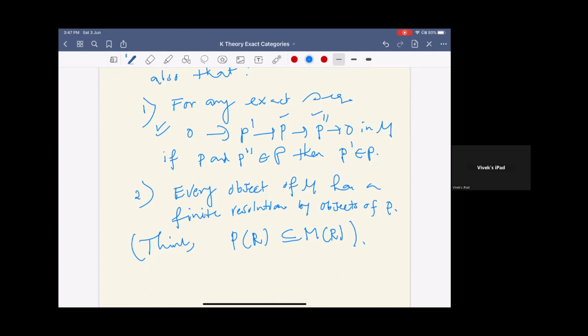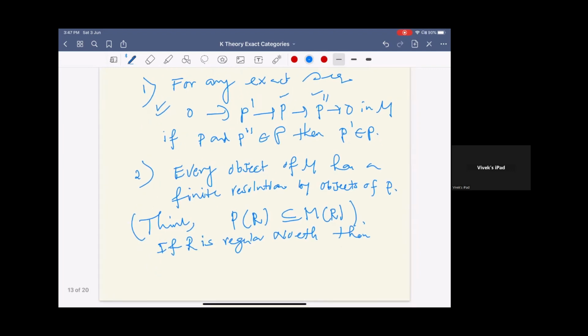So for that, you really need a condition on R, which is called regular. So whenever R is a regular Noetherian ring, then the second property always works. Okay, if R is regular Noetherian, then every M belonging to MR has a finite projective resolution.